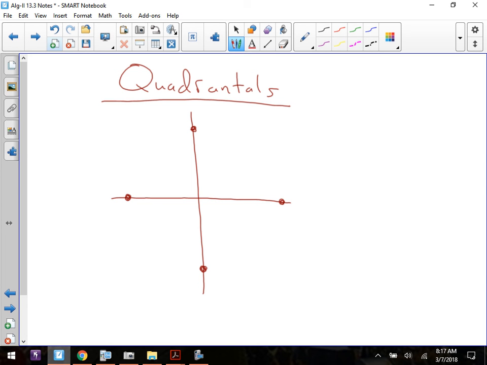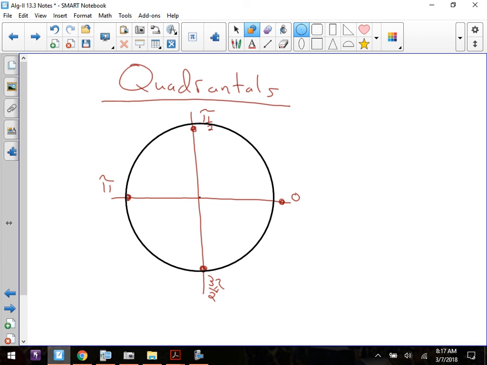So you have an ordered pair that crosses the axis at 0, pi over 2, pi, and 3 pi over 2. Those values have certain things. See how close I was to making my circle here. That's pretty darn close. Thanks. Let's make that a little larger.